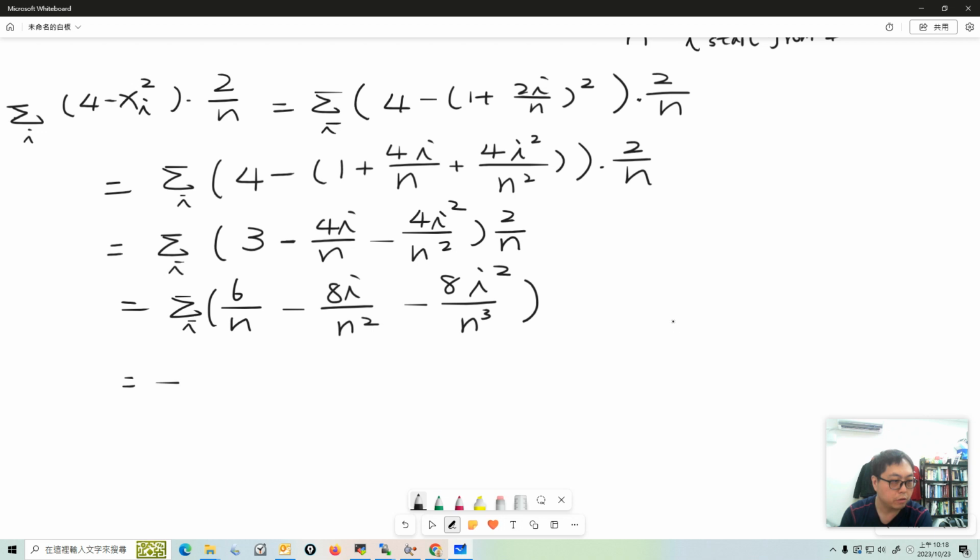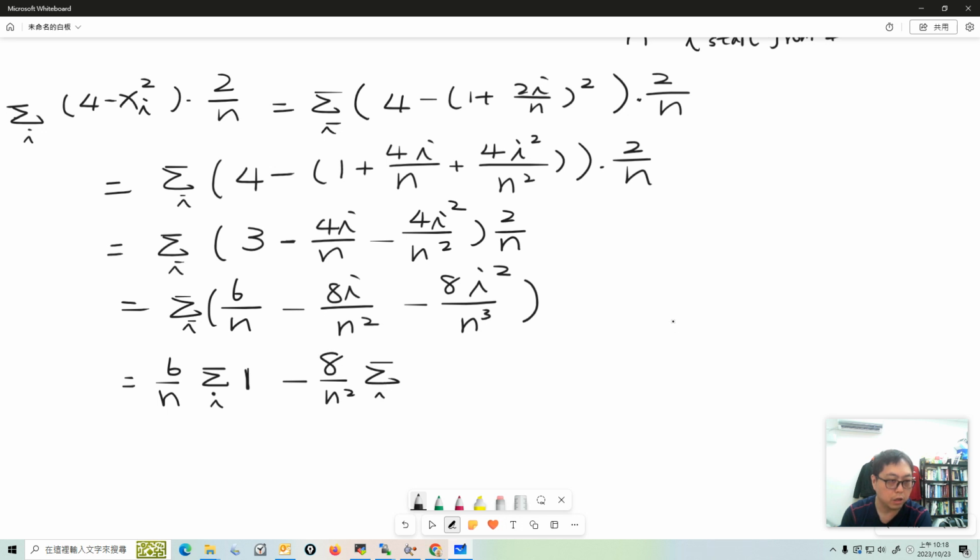Summation term by term. Its first term is the summation of 6 over n, and the summation of i. And for the second term, because we're summing over i, n has nothing to do with the summation, so we can factor it out.